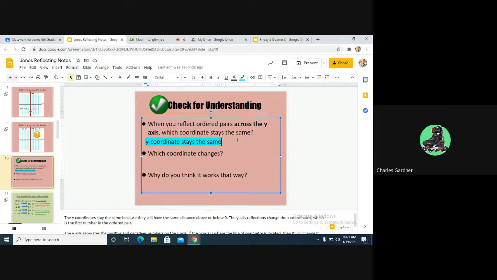The next one, which coordinate changes? The x coordinate. The x coordinate. Good. If your x coordinate changes on this one.